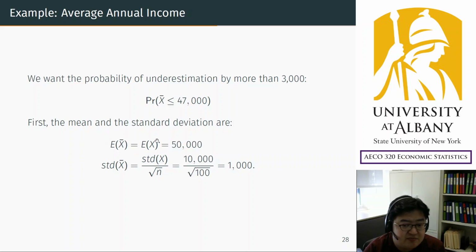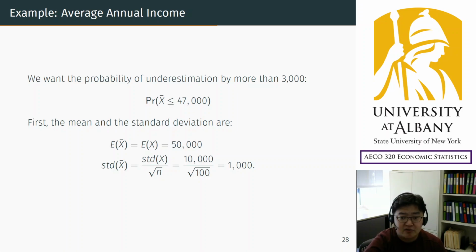But this expectation is the true expectation when you choose one person, not 100. If you choose one person at random, you are going to get 50,000. But if you choose 100 people, also the average is 50,000. But the standard deviations are different. Standard deviation of the estimation results by the economist is this one. And this is the standard deviation of the income when you choose a random person.